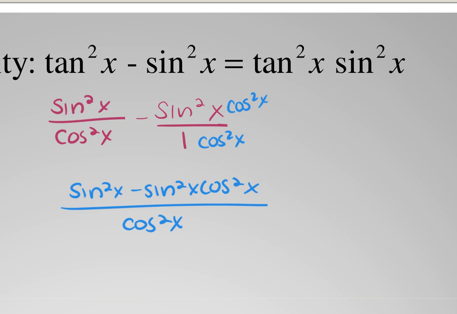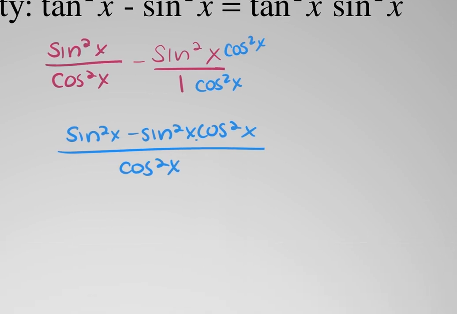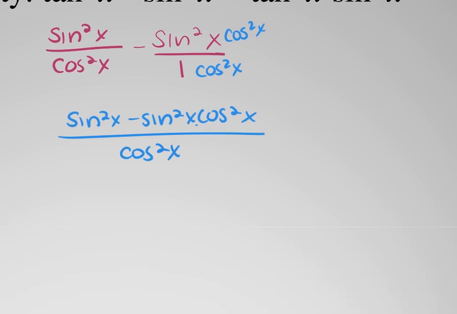Now what? From the right-hand side, I could cancel the cosines, but I can't from the left-hand side, because it's got to come off of both. You can divide out sine squared x, so I can take out a sine squared x.